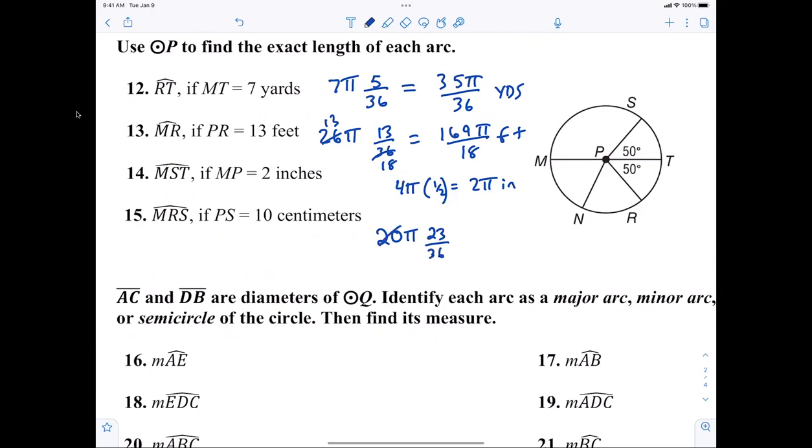Then I can reduce by a factor of, I think it's 9, right? Oh, yeah. All right, 115 pi over 9. I just don't think that's that hard.